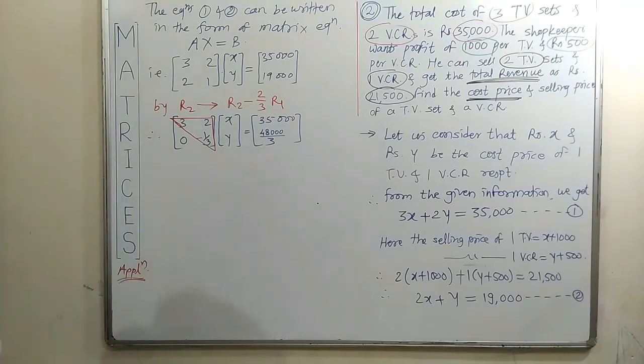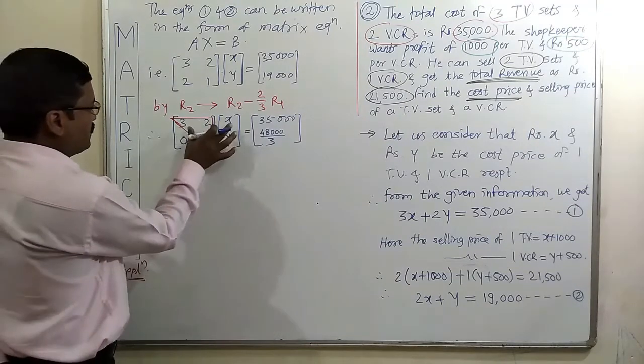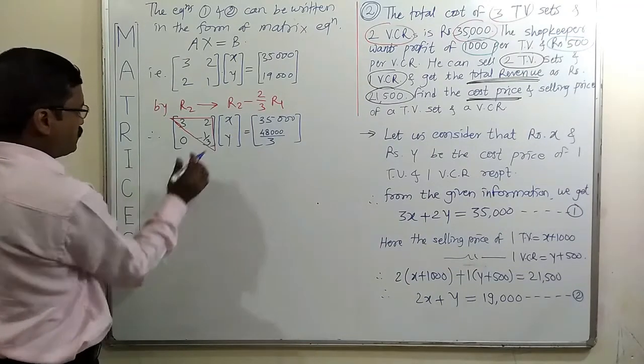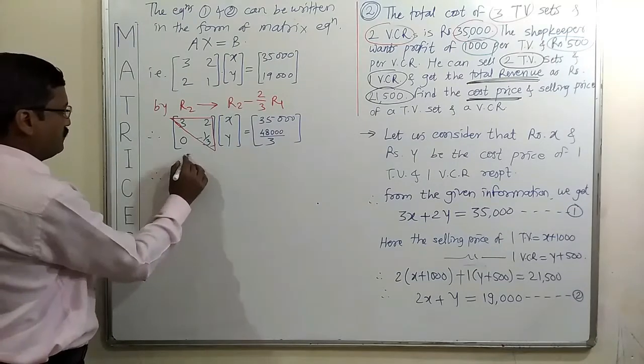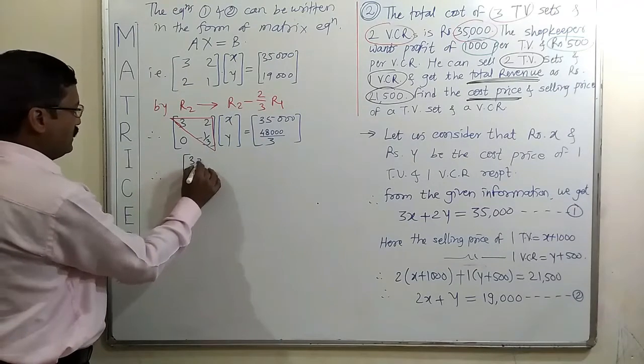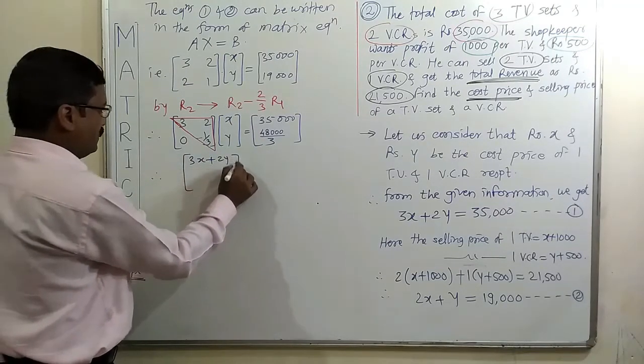So we can now write the reduced simultaneous equations. Take the multiplication: 3x plus 2y is the first element.